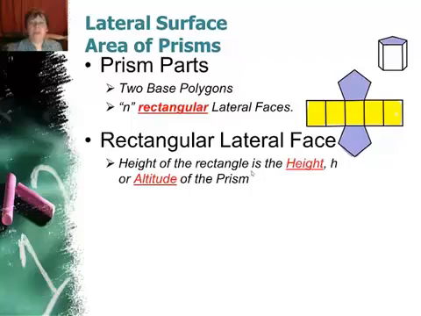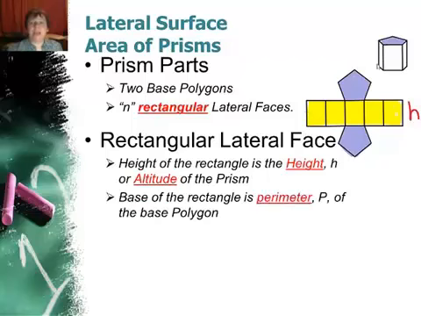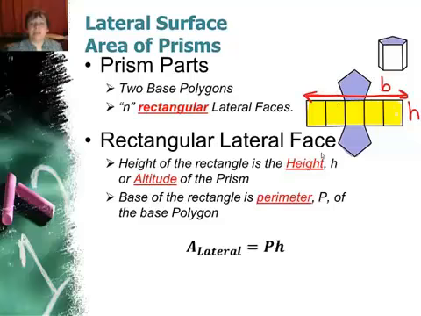And one of the things we know is that the height of this rectangle is the same as the height of the prism. So this h is the same as the height of the prism. The base of the rectangle right here is the same as the perimeter, the distance around the pentagon in this case. Since that base is the perimeter, and it doesn't matter if it's a regular polygon or not, it's going to be the perimeter around this base.